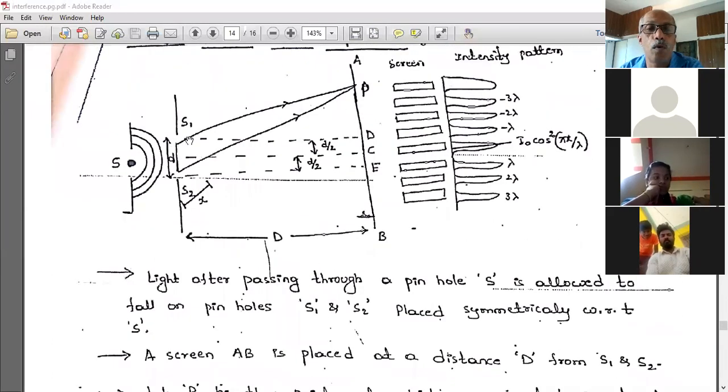Therefore, from triangle S1DP, using Pythagoras theorem, S1P square will be equal to PD square plus S1D square.